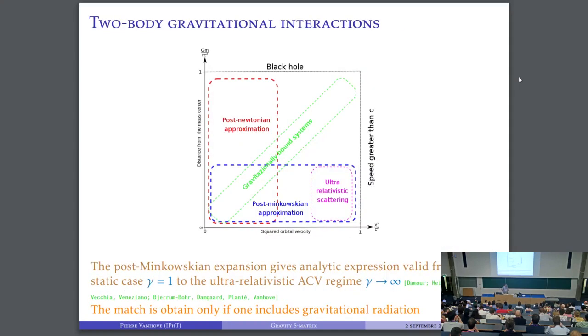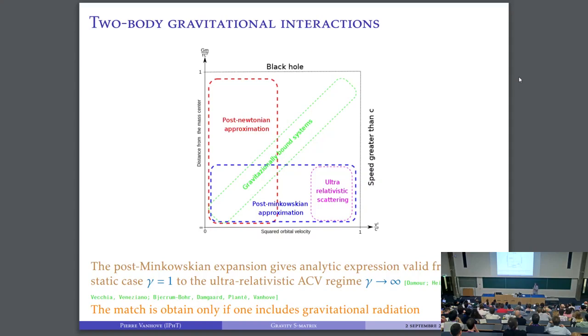I'm not expecting that everybody is familiar with the subject. Here is the post-Minkowskian approximation, which is a perturbation. You have your two-body system, you do a weak coupling expansion, and you are valid in a regime that overlaps with the post-Newtonian expansion, with corrections from small velocities up to the ultra-relativistic regime.